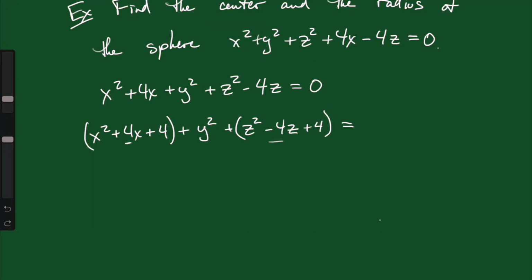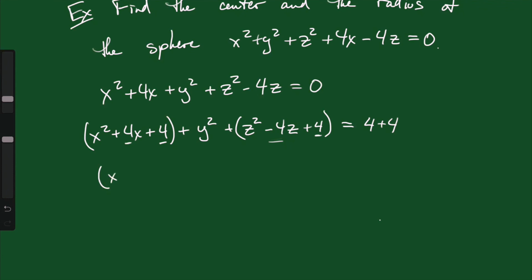And now I need to remember that I didn't just leave things alone. I actually did add to the left side of the equation, so I also need to add to the right side of the equation. So what did I add to the left side? I added a 4, and I added a 4. So that means what do I need to add to the right side? A 4 and a 4. Okay, so now I'm ready to complete the square.